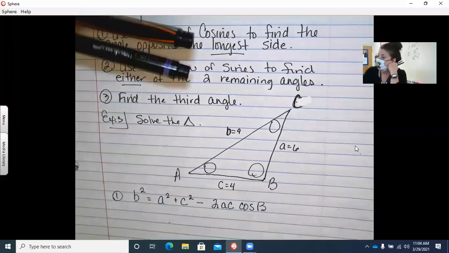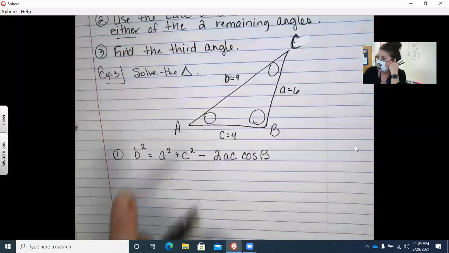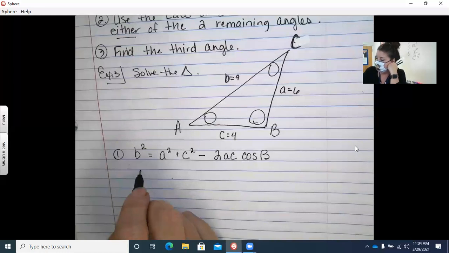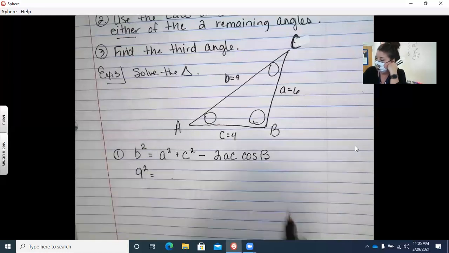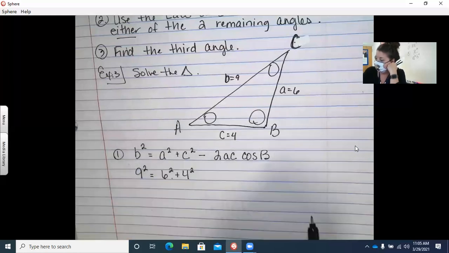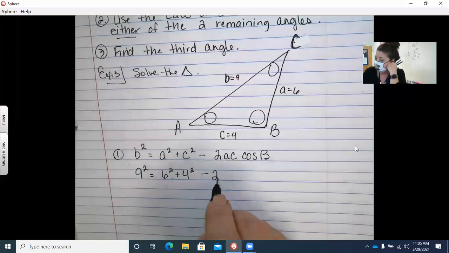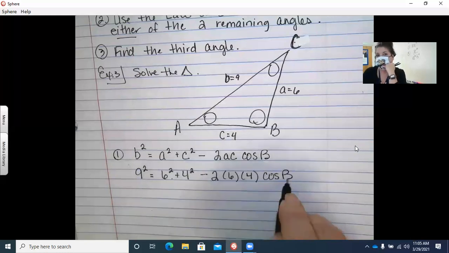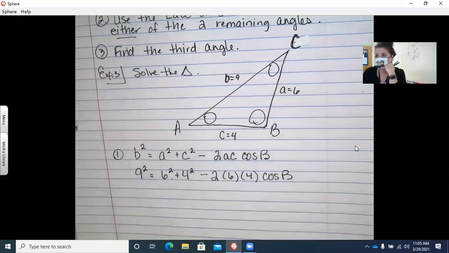So this time we know what's on the left side. We know what B is, right? B is 9. So it's going to be a little different. 9 squared equals 6 squared plus 4 squared minus 2 times 6 times 4 times the cosine of B. I don't know angle B. Y'all cool with that?